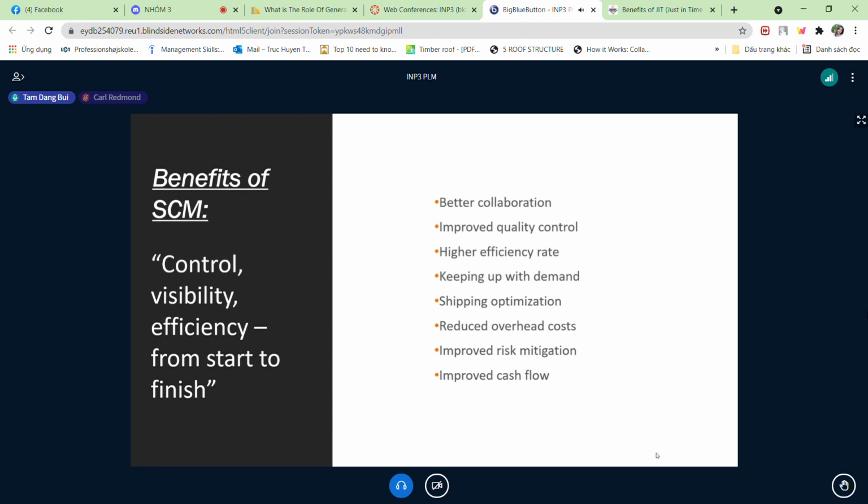You can have greater control over your supplier, you can deliver things on time, and you have the time to find mistakes in your product, so you can improve the final products. Another benefit is a higher efficiency rate, keeping up with the demand. You can produce a lot more for the demand of people. Also shipping optimization, reduced overhead costs, improved risk mitigation, and improved cash flow.